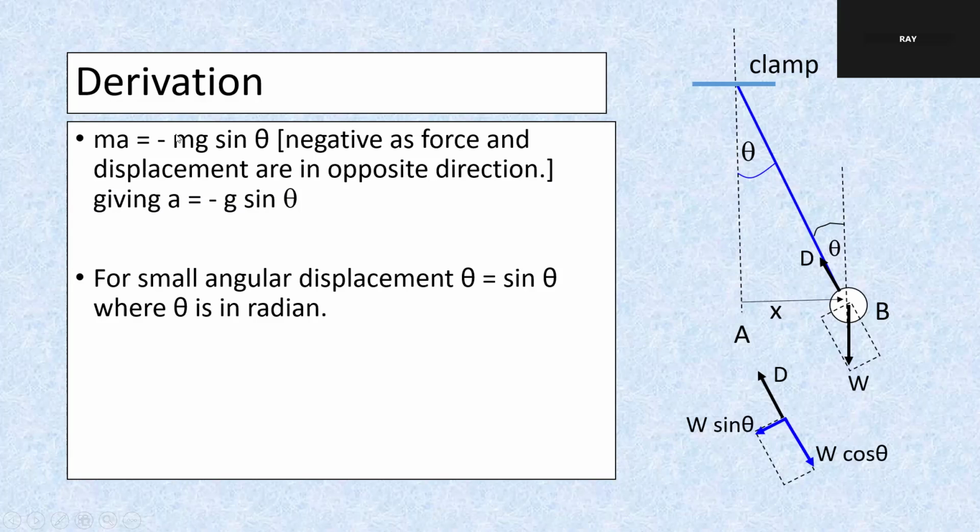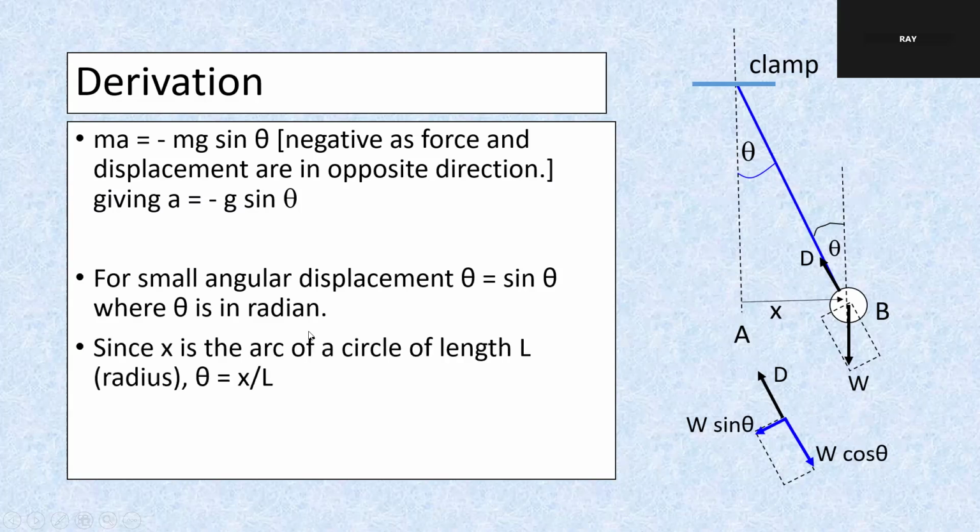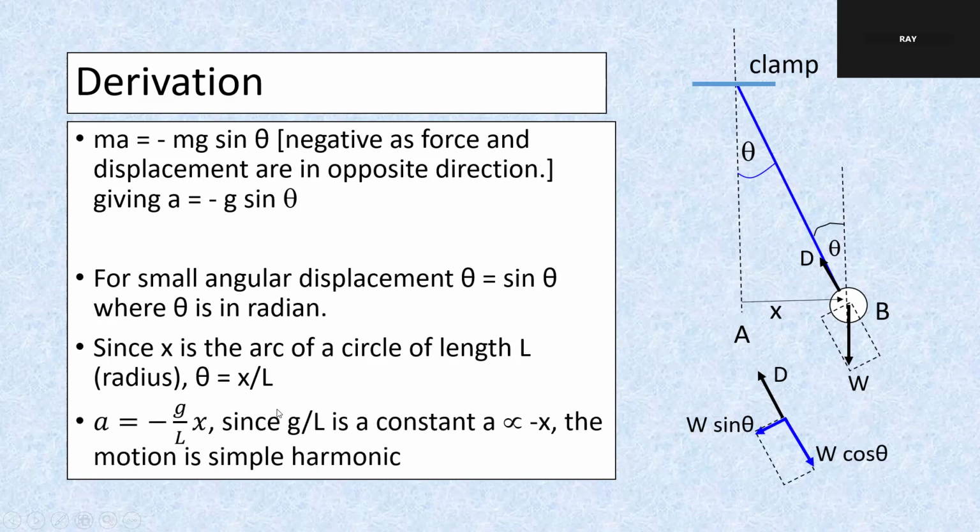Negative because we take to the right as positive, so it's going in the negative direction. So for small angle, theta in radians equals sine theta. And then we replace sine theta with theta in radians, x over L.